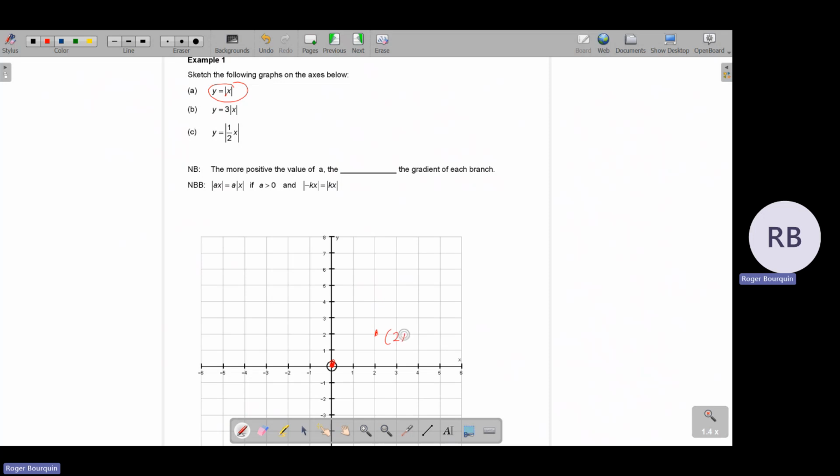So it's going to go through 2, 2. It's going to go through 3, 3, by the way, and all of those points over there. That's going to be your graph. But if x is negative 1, what would y be? What's the absolute value of negative 1, guys? 1, right? So it goes through negative 1, 1, negative 2, 2, negative 3, 3, etc.